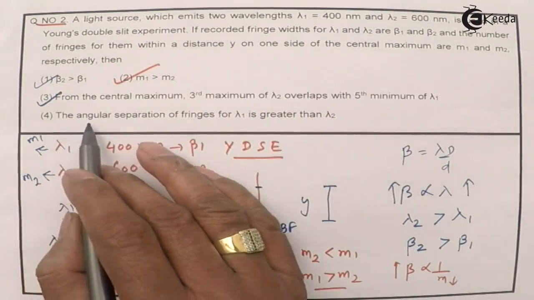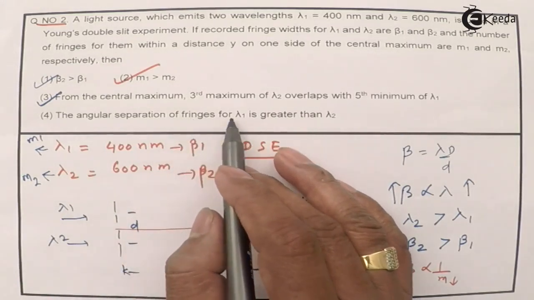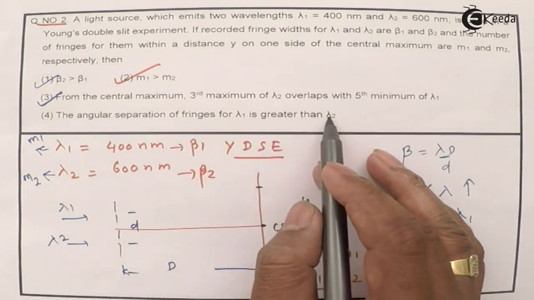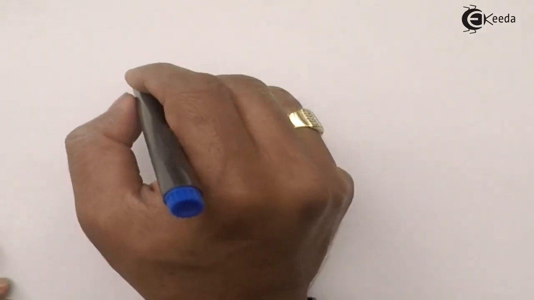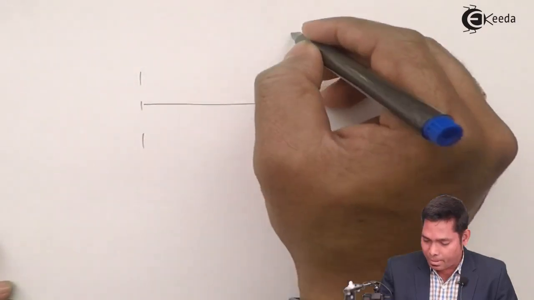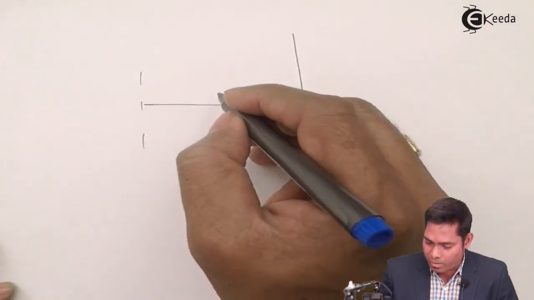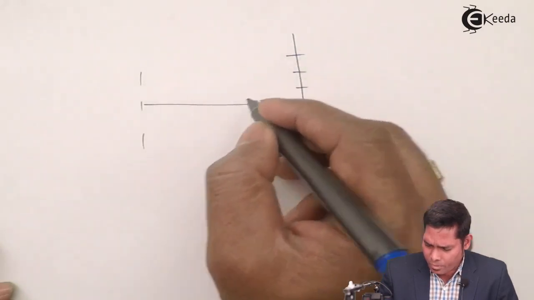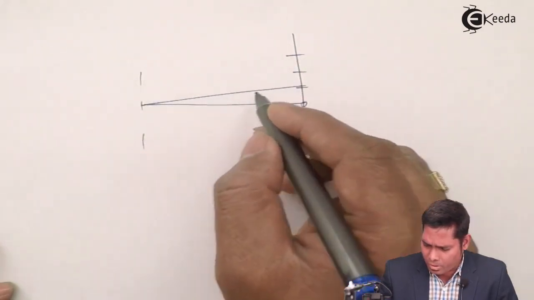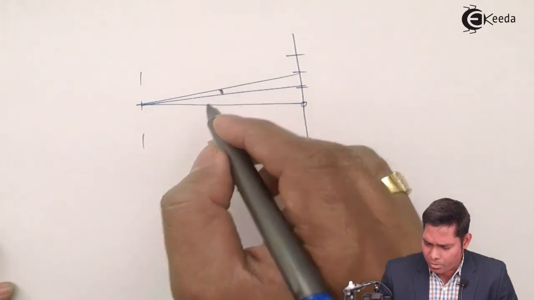The fourth one: the angular separation of fringes of lambda 1 is greater than lambda 2. Angular separation means what? If I have a double slit experiment like this, this is the central one, and I have a fringe over here, then this angle is the angular separation between fringes.